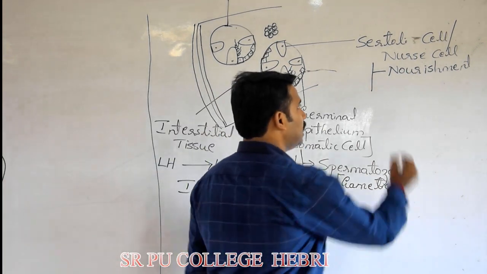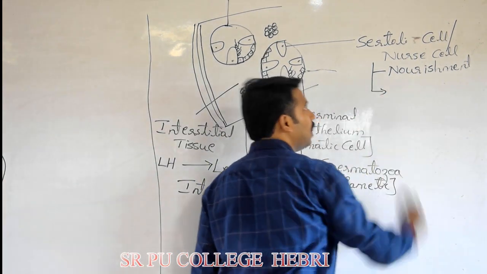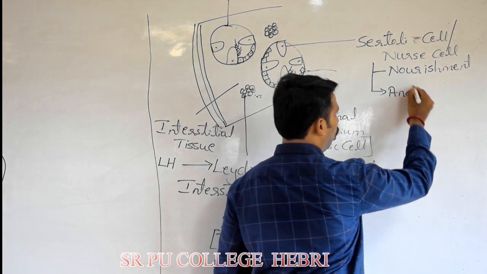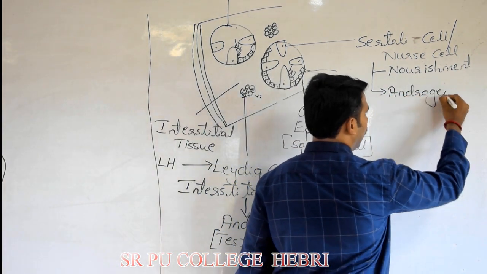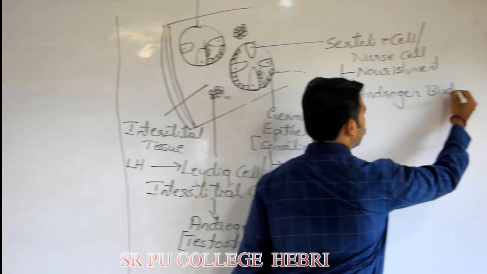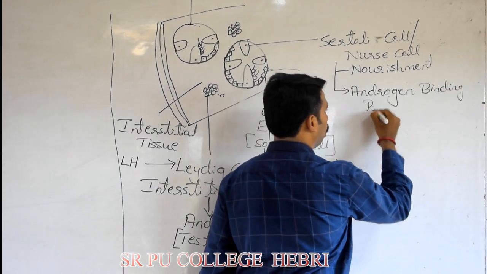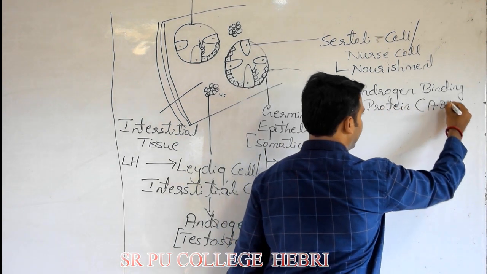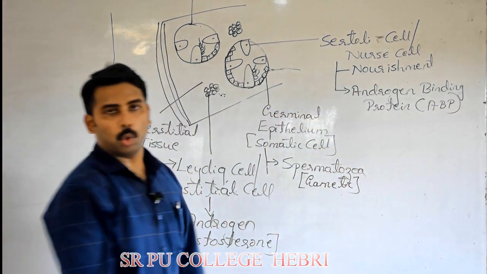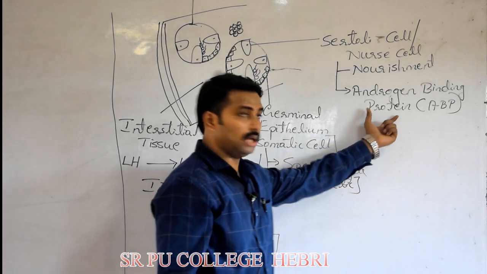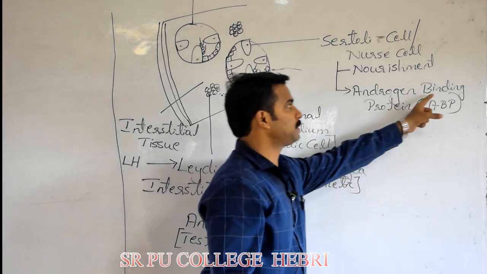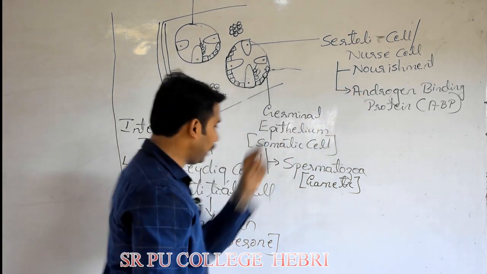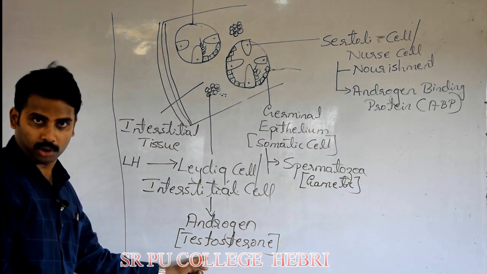Along with that, another function performed by nurse cell is that it produces a protein called androgen binding protein. In short, it is abbreviated as ABP. What is ABP? It is a protein that helps in binding to whom? Androgen. What is that androgen? Testosterone.